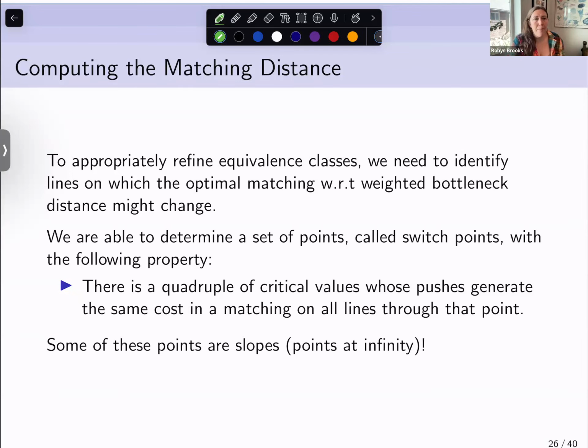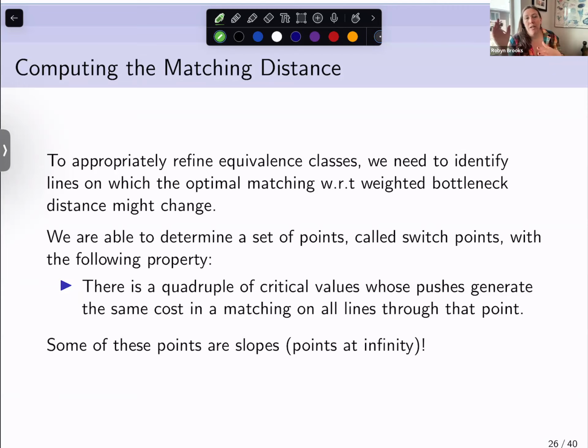And we're able to determine lines where this happens, where two matchings have the same cost, because all such lines always pass through a specific point. And we call that point a switch point, right? It's not just one point, there are many of these.